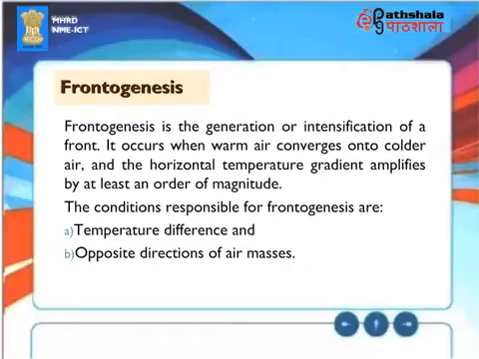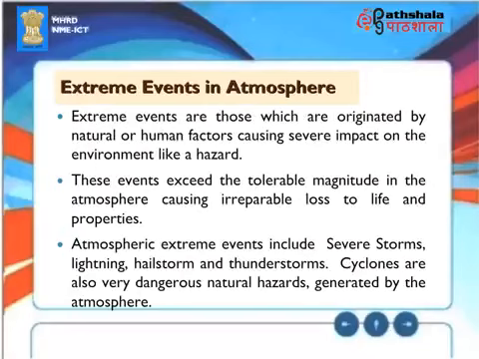Frontogenesis is the generation or intensification of a front. It occurs when warm air converges onto colder air and the horizontal temperature gradient amplifies by at least an order of magnitude. The conditions responsible for frontogenesis are temperature difference and opposite directions of air masses.